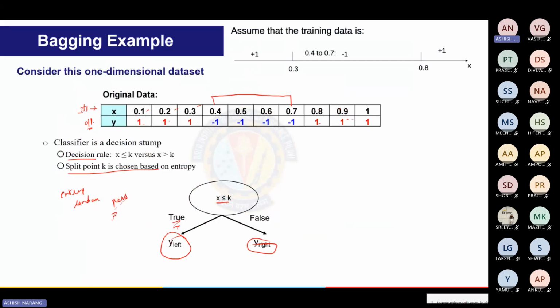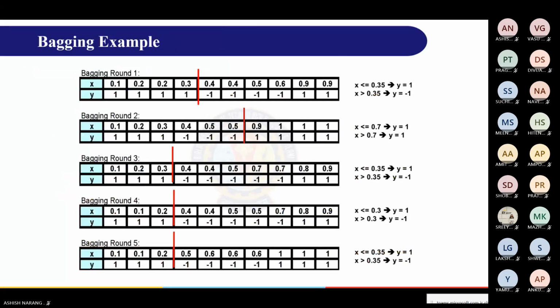But we have +1 for less than 0.3 and greater than 0.8, and in between from 0.3 to about 0.7, we have -1. So how should I come up with this kind of thing, that x is less than or equal to so and so, this is going to be +1 and this is going to be -1? That is what we will calculate at the entropy point.